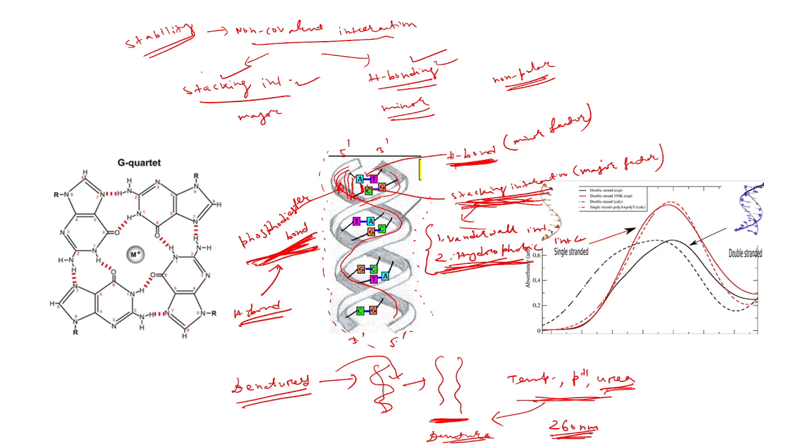This is 260. What is a nanometer? That is the wavelength. So at the 260 nanometer wavelength, the DNA absorbs maximum. This is the absorption maxima of double stranded DNA.